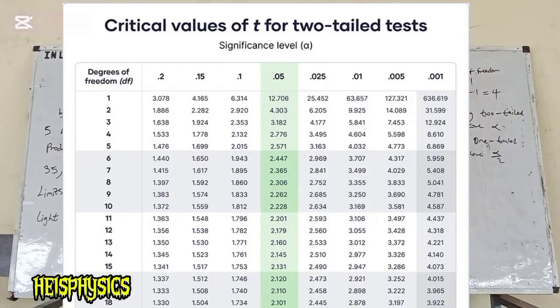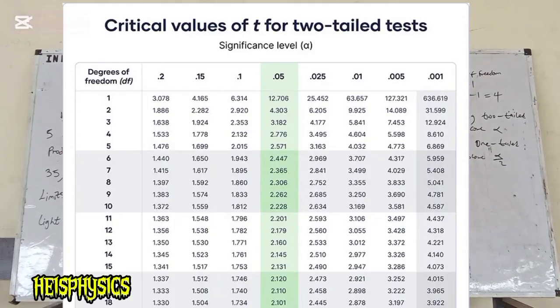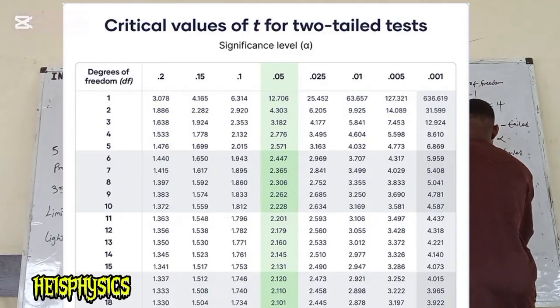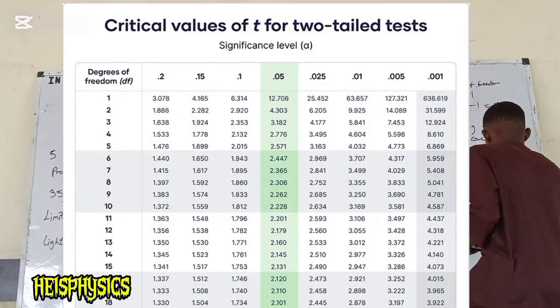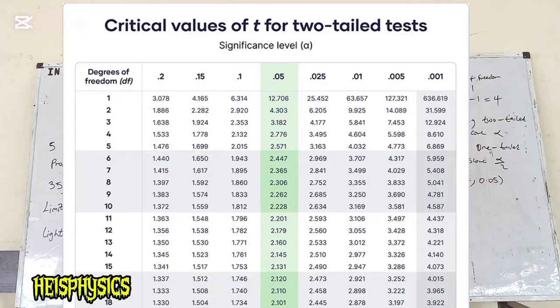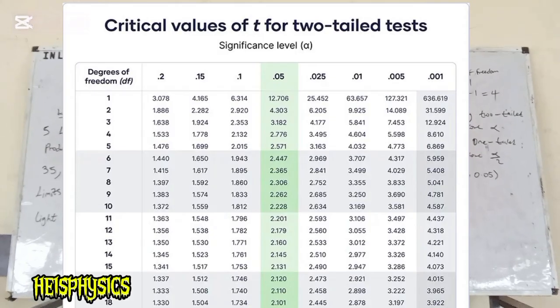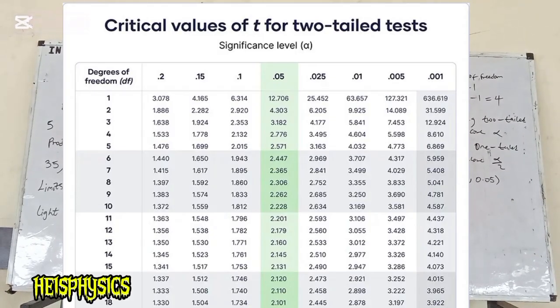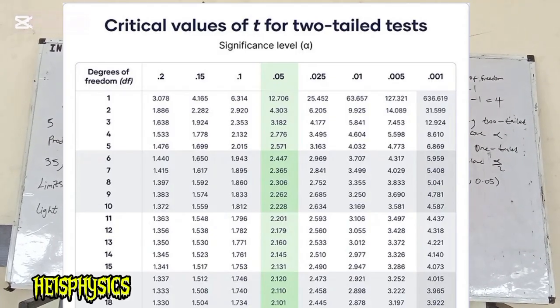I'm working with this value, 0.05. So what are we working with? I'm working with 4 and 0.05 to find our t-score. Now, go to your t-score table, go to the degree of freedom 4, then you trace for your 0.05.